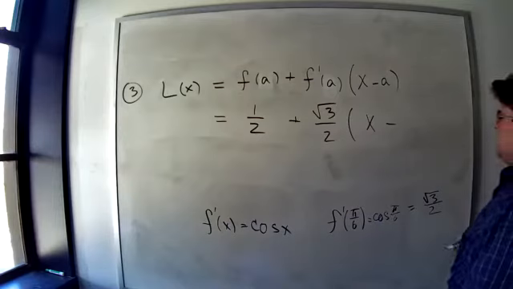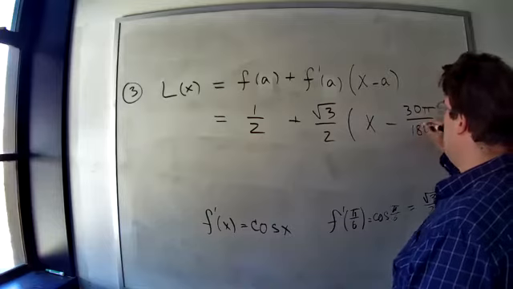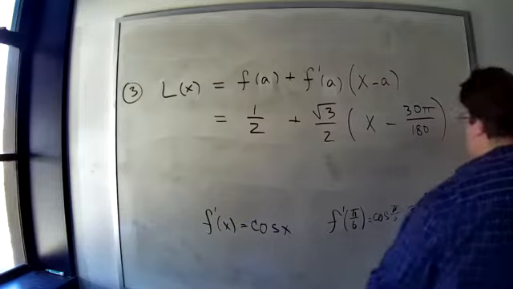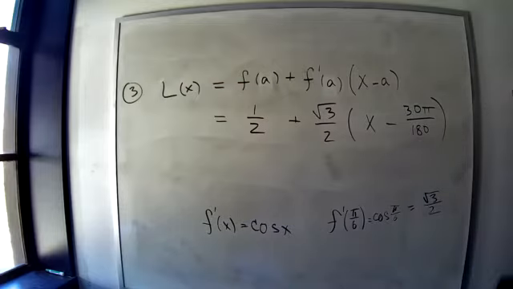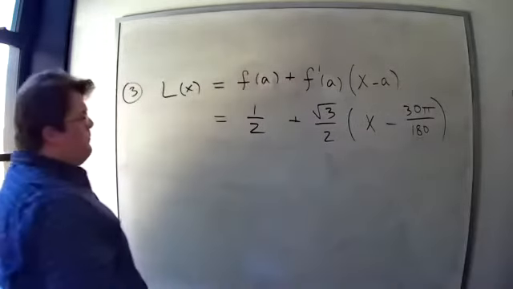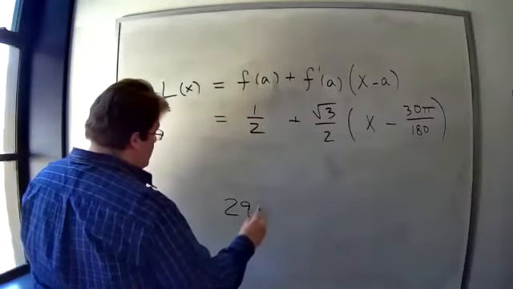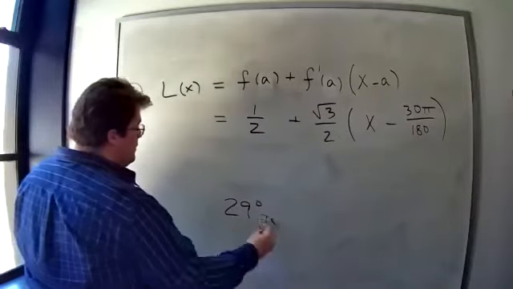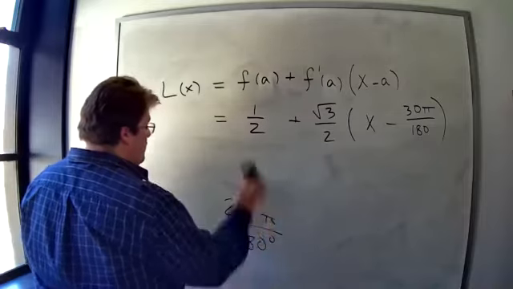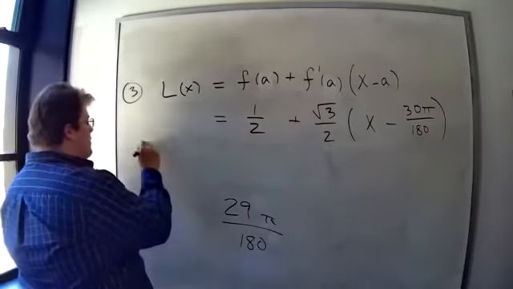Well, I'm going to look ahead a little and realize writing pi over 6 in terms of its unsimplified conversion is going to be eventually more convenient. Now, why is that? Well, because we're evaluating this at 29 degrees, which remember in radians, multiply by pi over 180, degrees go away. 29 pi over 180.